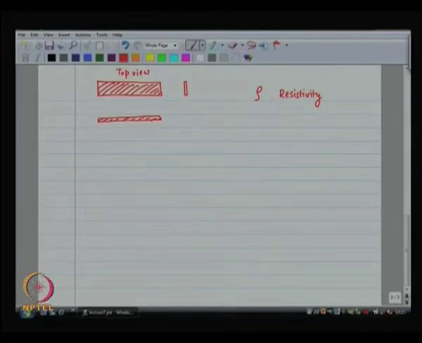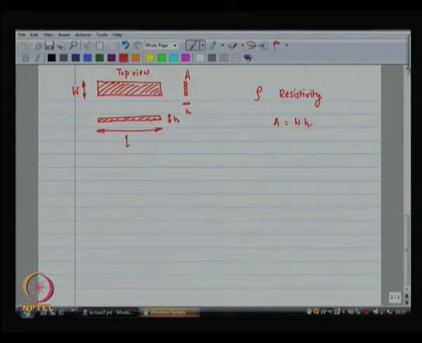It has a cross sectional area A, it has a length L. Height is H, and width is W. So, cross sectional area A is equal to W times H, and let us say you want current to propagate in this direction.